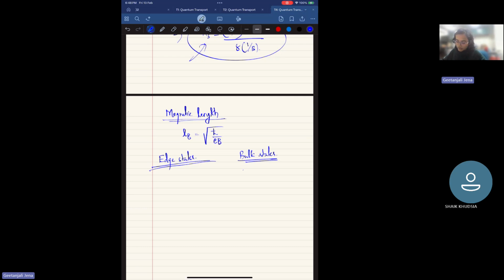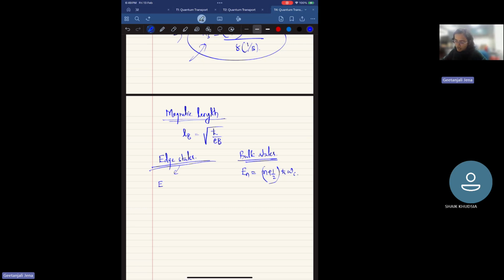For the bulk state, we can write the energy of the Landau level as (n plus half) ħωc. But the edges are confined, so at the edges we have asymmetry, and there will be an increase in energy because of the confinement.